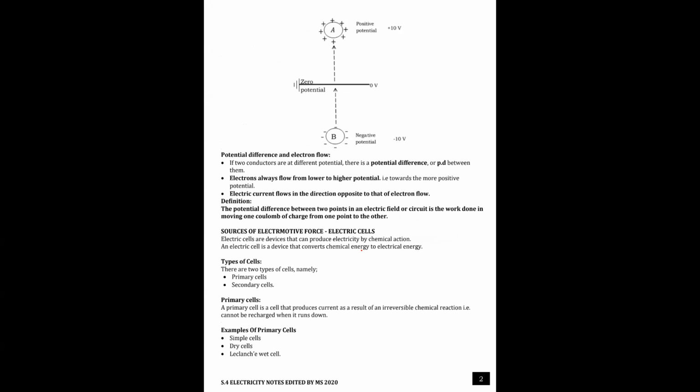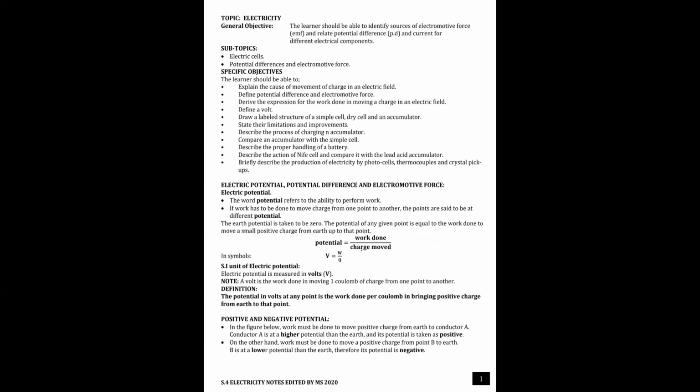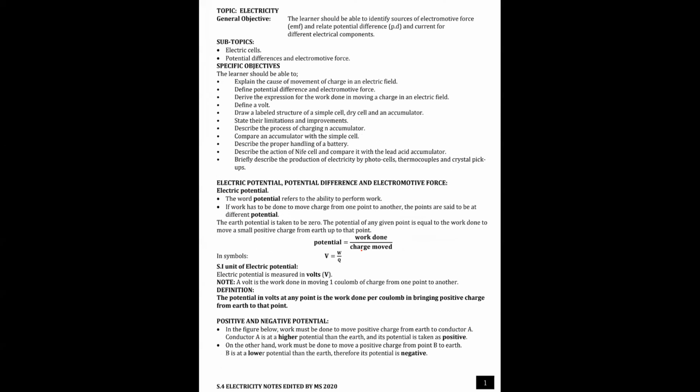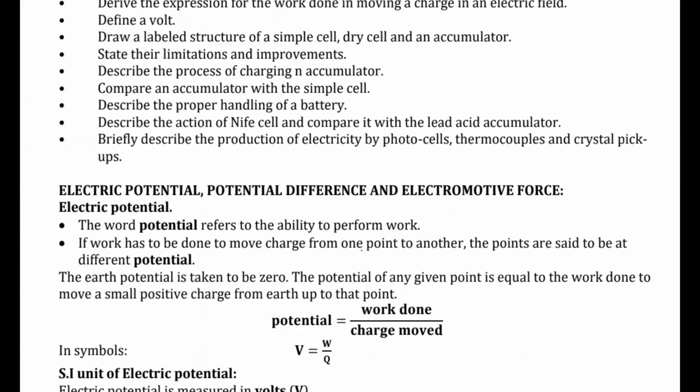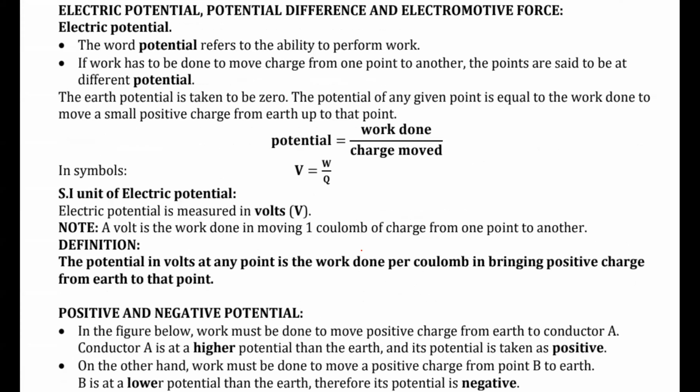Let's first take back to that previous screen on potential. You said, okay, according to this file, potential is equal to work done out of charge moved. And so we are then going to see that. Don't worry about the symbols. Oh, okay, please.